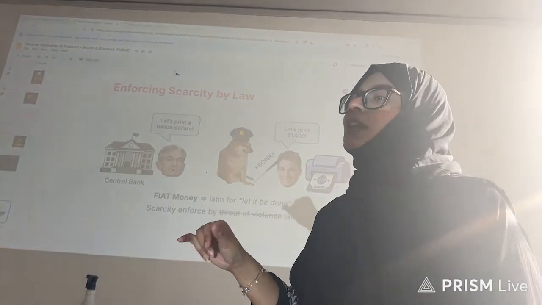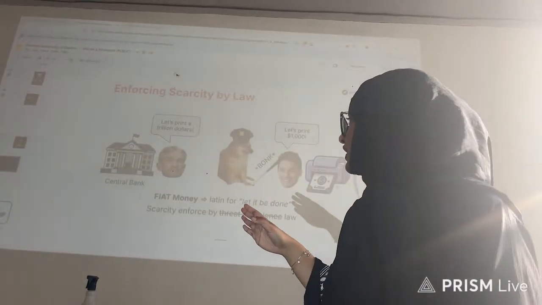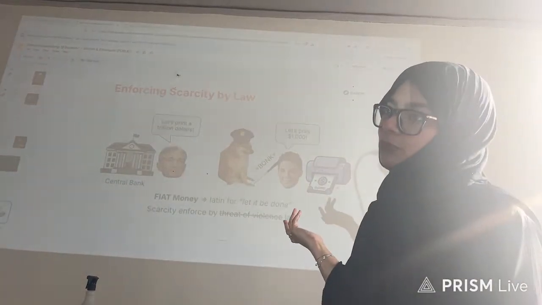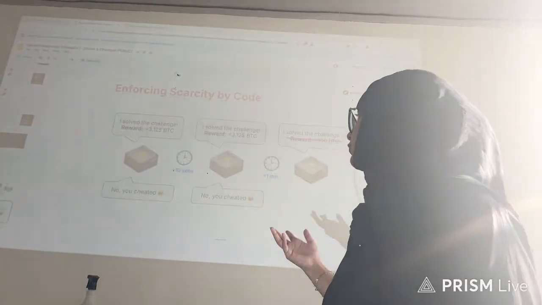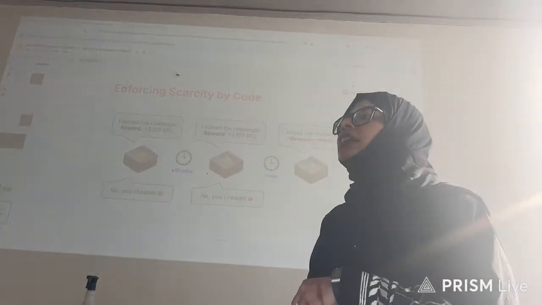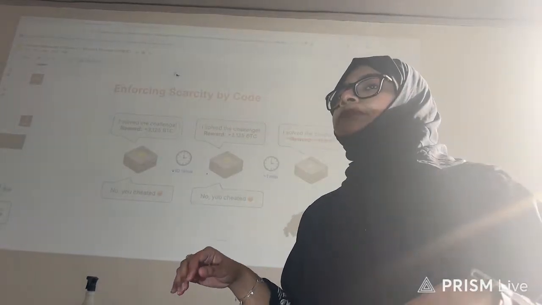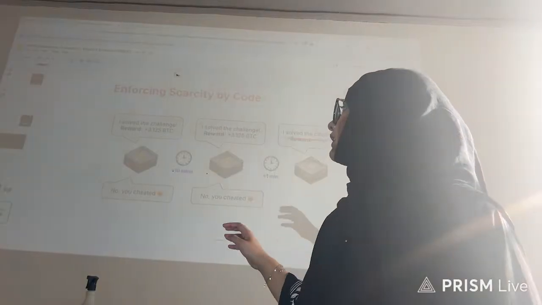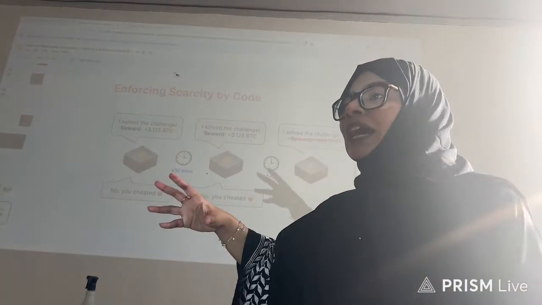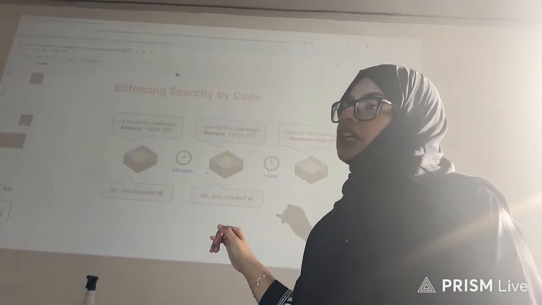Now, how does the central bank enforce scarcity? Through law, obviously. They're the only ones that can print money, and if you do print money, that's called fake money, and they do it through violence. How is Bitcoin enforcing the scarcity? It's through code. The protocol itself is designed to mine a block in 8 to 12 minutes, on an average of 10 minutes.